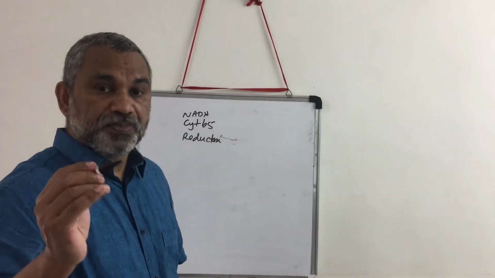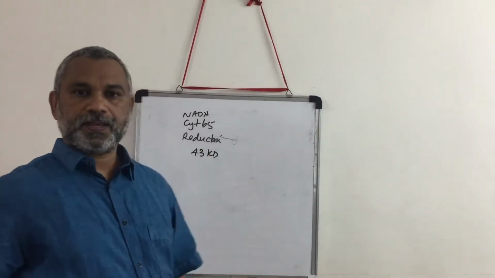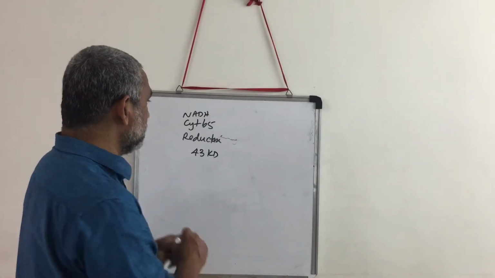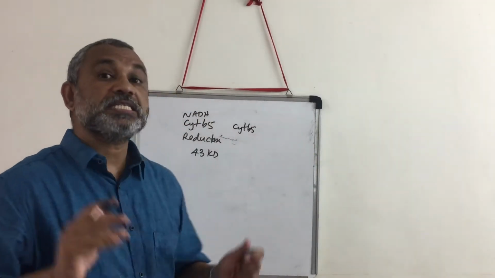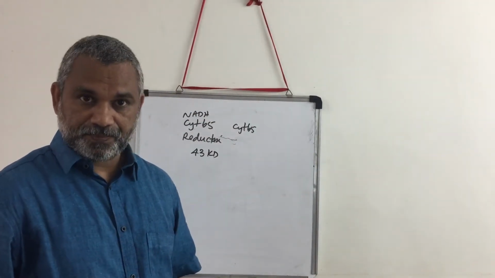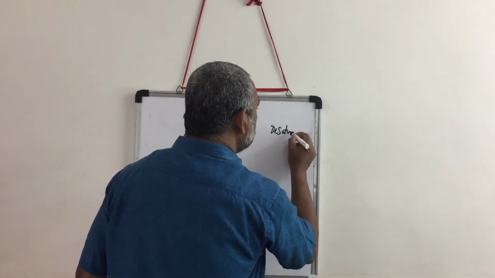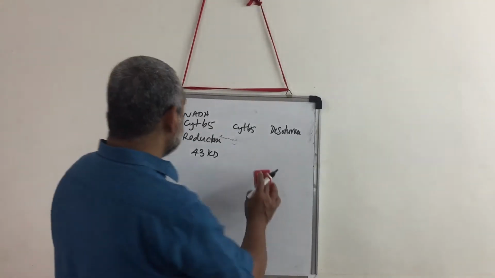This enzyme is a 43 kilodalton enzyme. The next enzyme is cytochrome B5, which is an iron dependent enzyme. And the third enzyme is called a desaturase. So these are the 3 enzymes that are present.